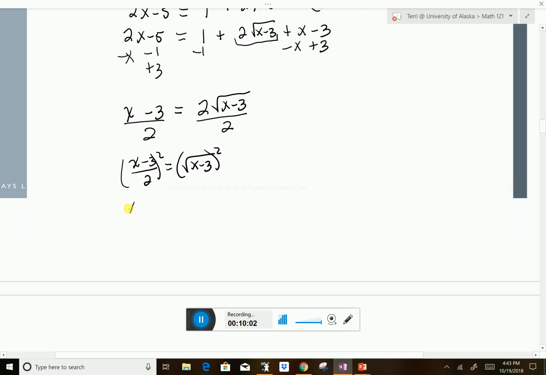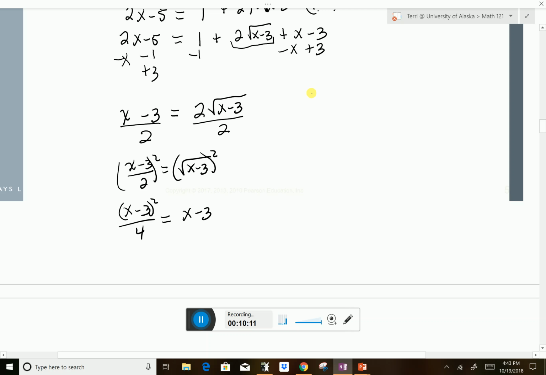So now I have x minus 3 squared over 4 equals x minus 3. Still some more cleanup. So let's see, I can actually multiply both sides by 4. x minus 3 squared equals 4x minus 12.